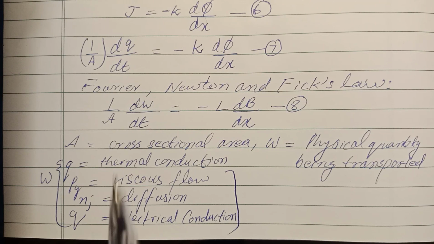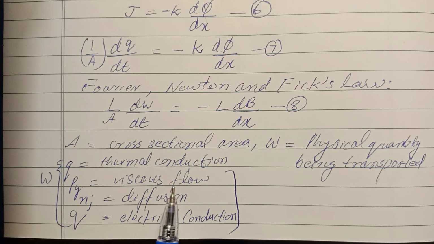So here P_y can be for the viscous flow, n_g for diffusion, and Q is for electrical conduction.